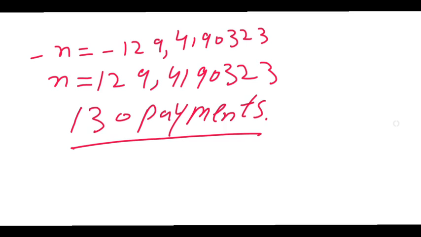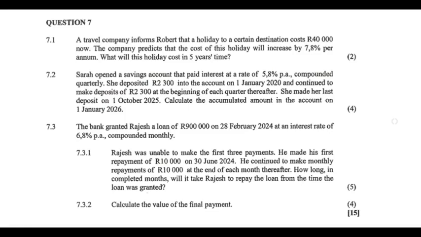But remember, it says how long in completed months will it take Rajesh to repay the loan. So it means the answer must be in complete months, like this 130, 129. After the comma, we round off to 1, so it's going to be 130. So 130 payments.